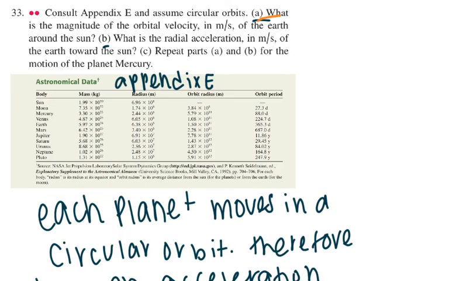So that was the magnitude of the orbital velocity of the Earth and the radial acceleration of the Earth toward the Sun. Now we're going to do that for Mercury.